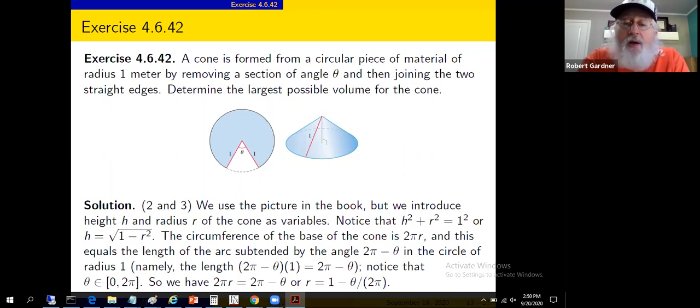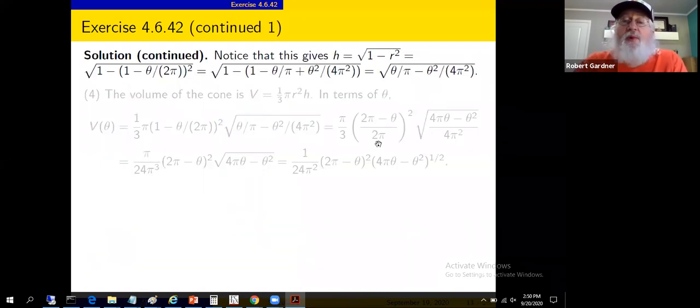Okay, so we've got r in terms of theta. We had h in terms of r as well. So h was the square root of 1 minus r squared. We just saw r was 1 minus theta divided by 2 pi, so we'll plug that in there. I didn't promise you any pleasant algebra in this.